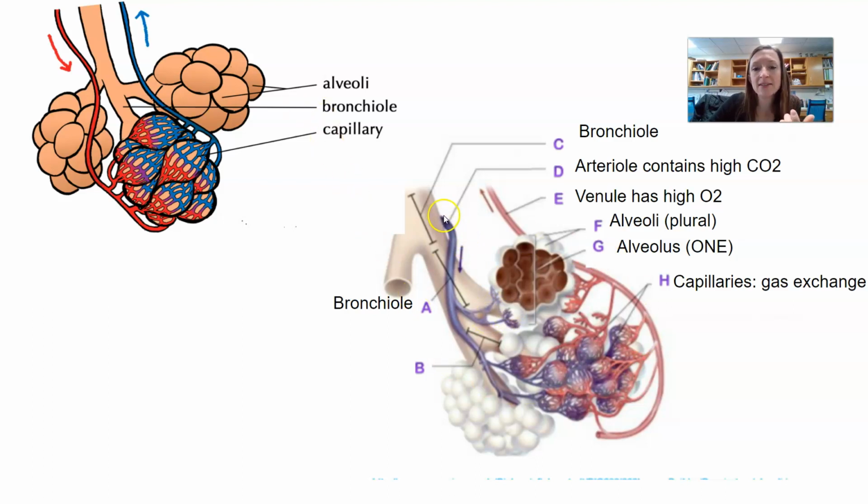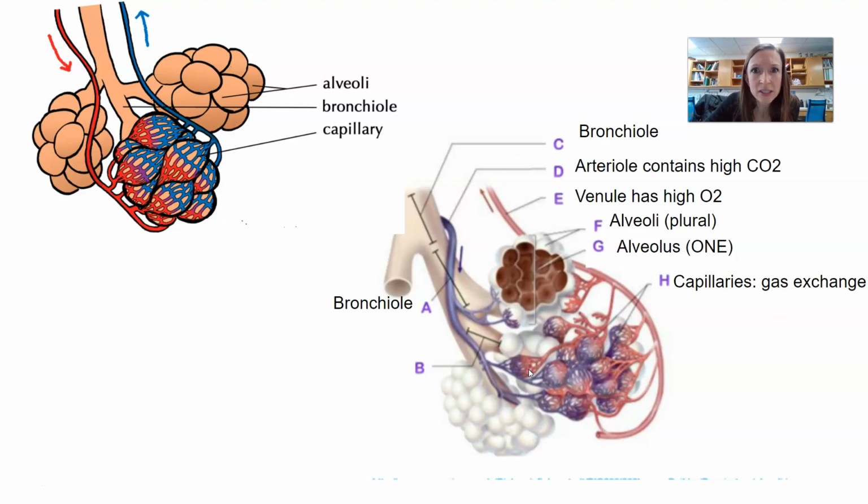And the reason why is it's clearly labeling and showing the deoxygenated blood, the blood that has a lot of carbon dioxide coming from the heart into the lungs. And you can see how this arteriole branches up into capillaries, and those capillaries are surrounding each alveoli. At the end, you see them change colors, and if you remember, that actually indicates that there's now oxygen.